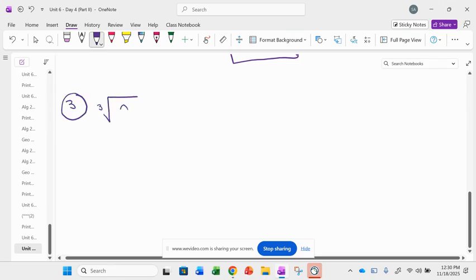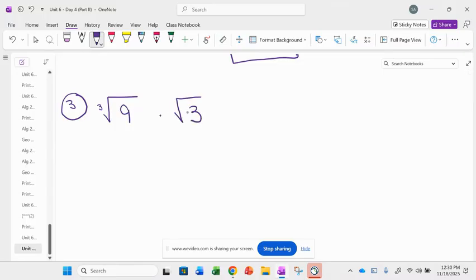Say I have the cubed root of 9 times the square root of 3. So we have a couple of issues here. Not only do we have different indexes, what else do we have different? Radicands, or if an exponential, the base, exactly. So I'm first going to change it to exponential since I know I can't deal with the radical no matter what.